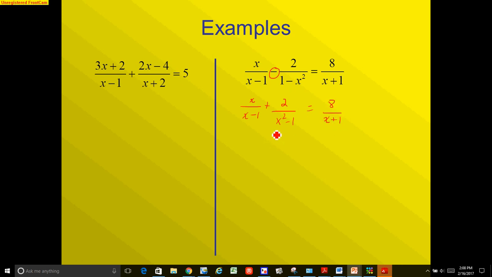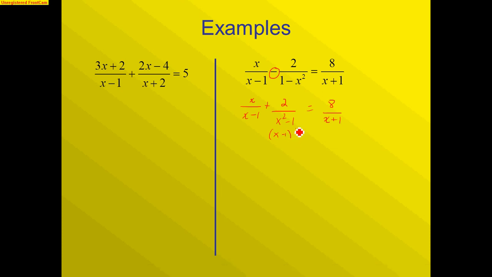I did that because now I recognize x squared minus 1 is x minus 1 times x plus 1, which now means that I can see my domain, x cannot equal 1 or negative 1. And my common denominator, or my least common multiple, is x minus 1 times x plus 1.